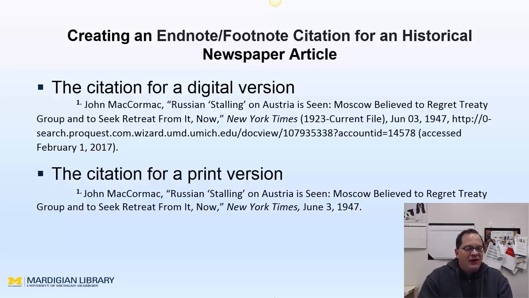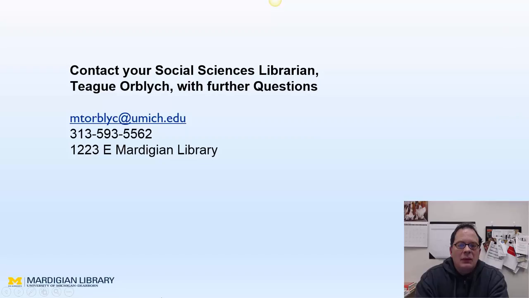Now, for a citation for a print newspaper article, basically you have everything except what's after 1947 in the digital version. Okay, and then again, you don't have the 1923 to current file. So they're very similar. All right, so this is creating an endnote or footnote citation for an historical newspaper.